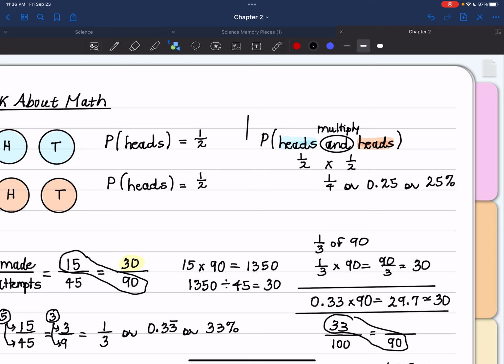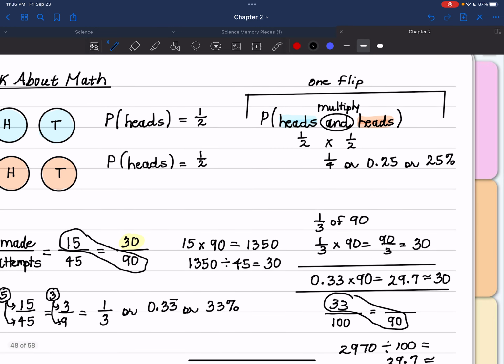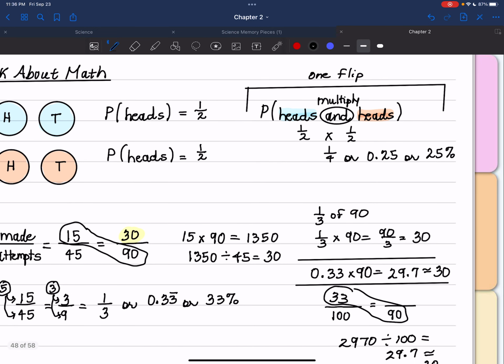So this is one flip, but they wanted us to flip 48 times. And see, after all that emphasizing it, I still missed it. So 1/4 times 48. That's going to be 48 over 4, which is 12.